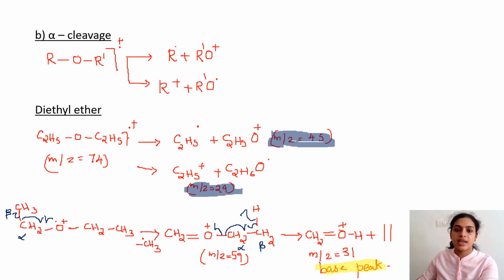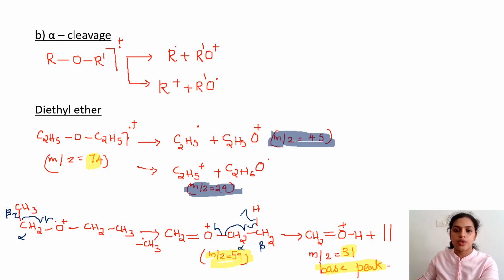And in the case of diethyl ether, I'm revising it. The first peak is the molecular ion peak, and you will obtain it at M/Z equal to 74. The second, the most prominent fragmentation, is the beta cleavage, and the first fragment obtained in beta cleavage is M/Z equal to 59. First it was 74, and now it is 59, and then it is fragmented into the base peak, M/Z equal to 31.